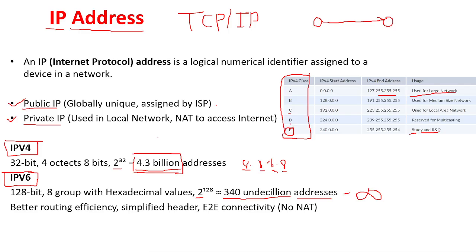Now we all know that our total world population is around 6.5 something billion, and if we have only 4.3 billion addresses available, that can be a limitation. And when there was a rise of IoT, there were more than a trillion devices available which were not assigned any IPs, and also to have a better routing efficiency, IPv6 was introduced.